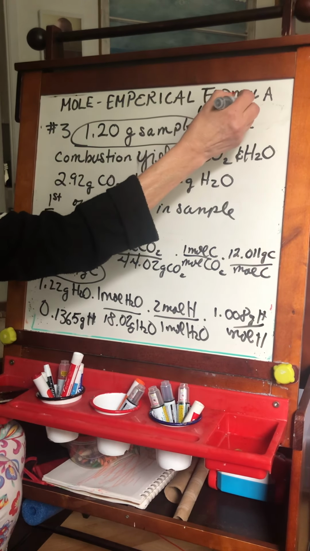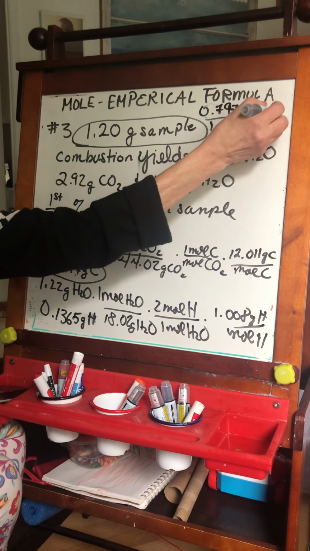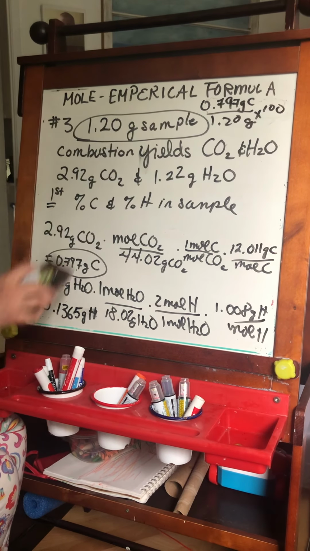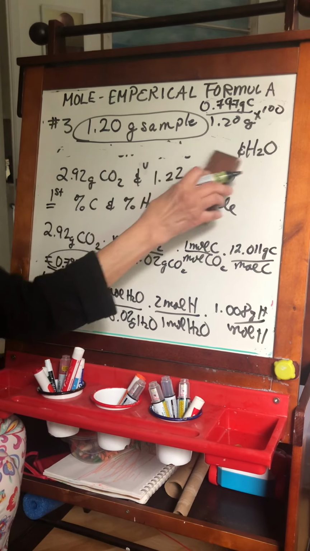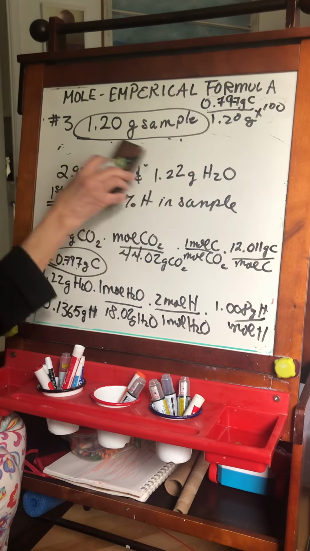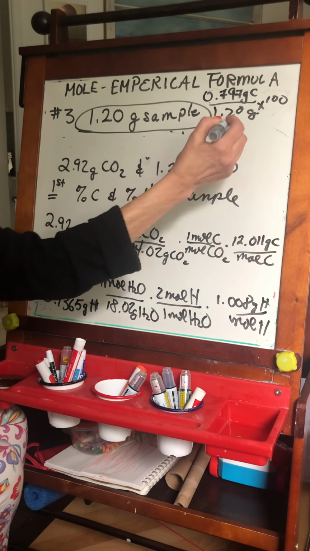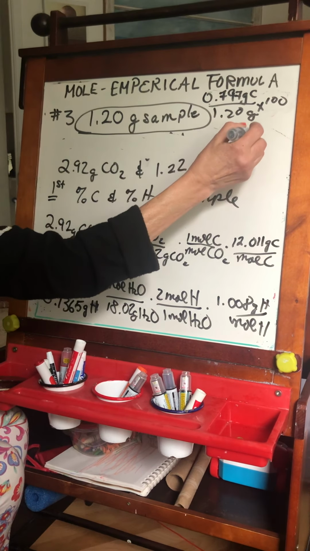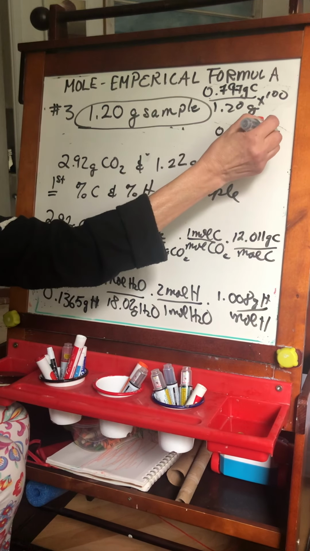It's 0.797 grams carbon over 1.20 grams sample times 100. And percent hydrogen is going to be the mass of hydrogen over 1.20, 0.1365 grams hydrogen over 1.20 grams times 100.